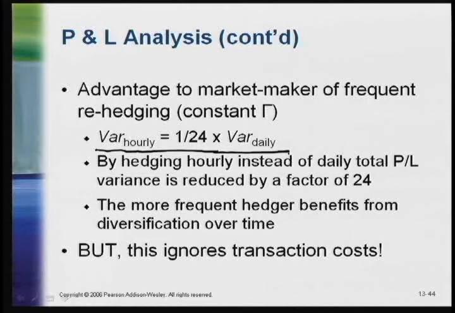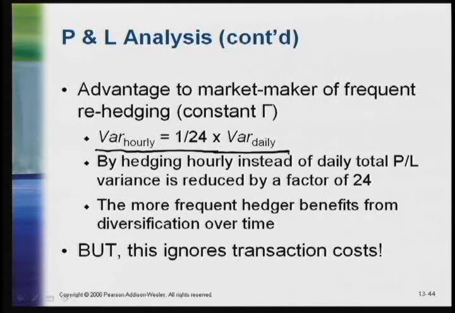And what this is saying is that if the market maker rebalances every nth of a day, he reduces his standard deviation of profits and losses by 1 over square root of n. So there's an impact on the volatility by rebalancing.